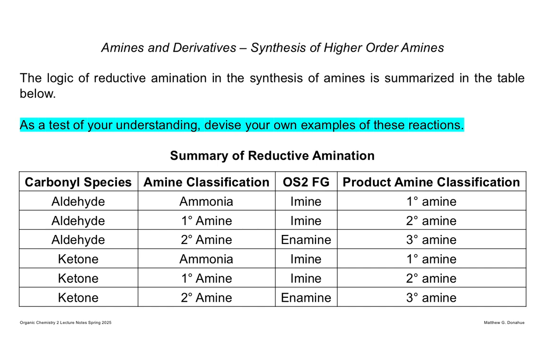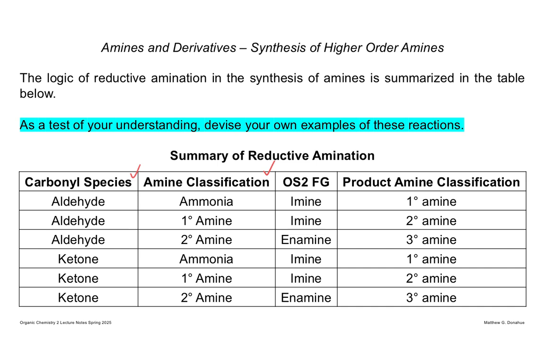That basically classifies the type of amine we want to make and what we need to start from. So we can make any amine 3 different ways, and we'll run through this exercise. You have a carbonyl species. Then you're reacting that with an amine.